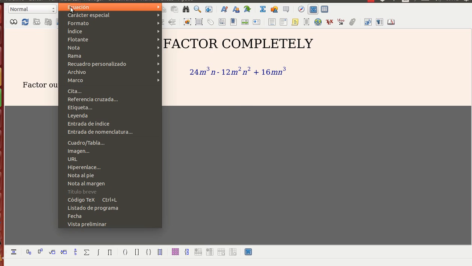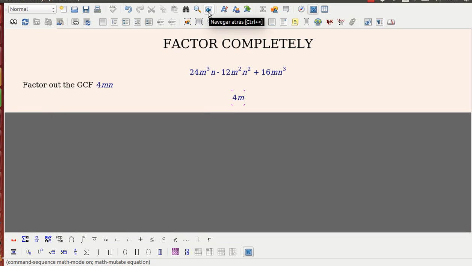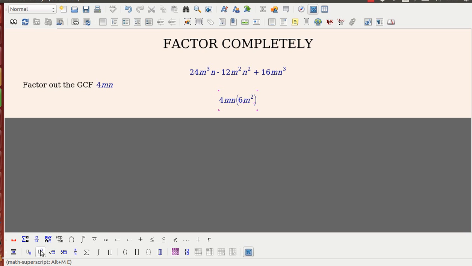So we're going to factor out the GCF. Factor out the GCF 4mn. 4 times 6 is 24, m to the second power, minus 12, 4 times 3, mn, plus 4 times 4, 16, so it's 4 n to the second power.